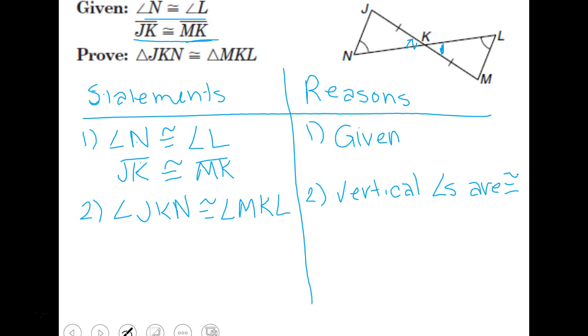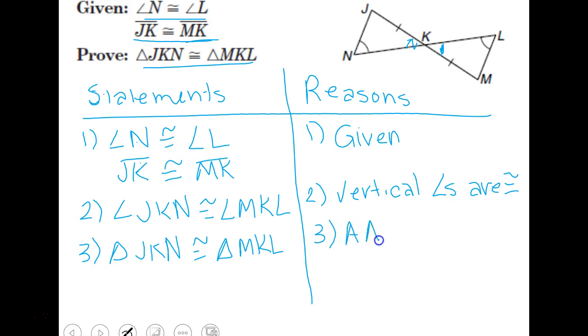And we now know that those triangles are congruent because we have 2 angles and a side. So your last statement is always the prove. So our last statement is triangle JKN is congruent to triangle MKL. And our reason for that is angle, angle, side. So we have verified here that these triangles are in fact congruent.